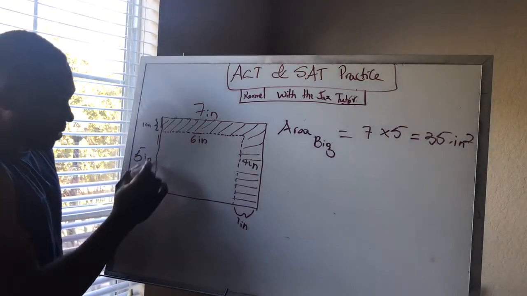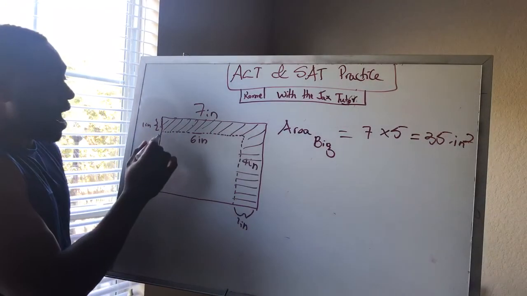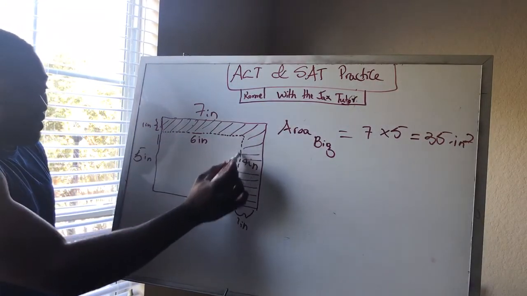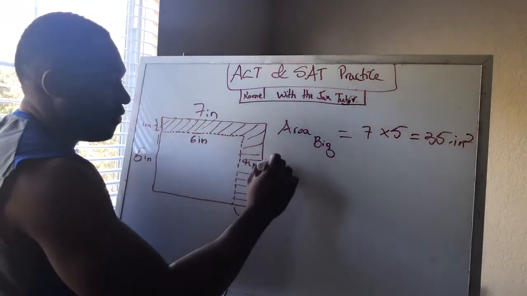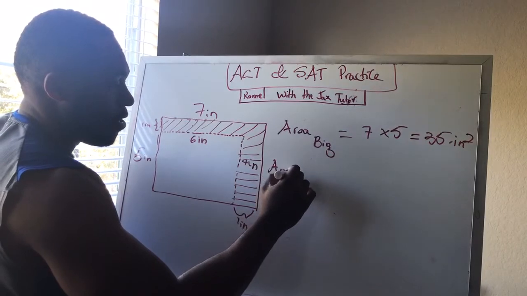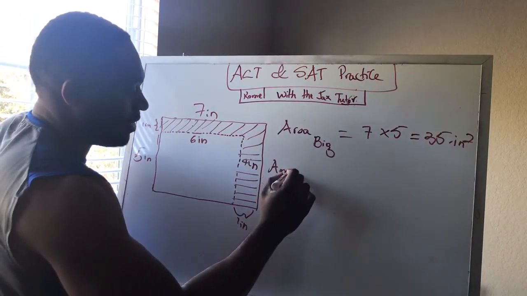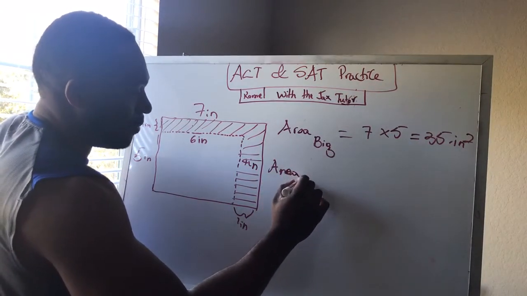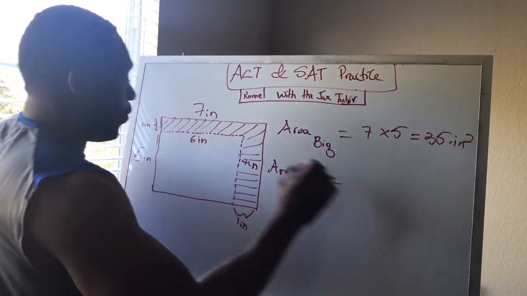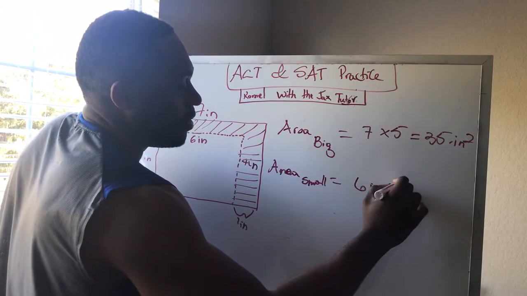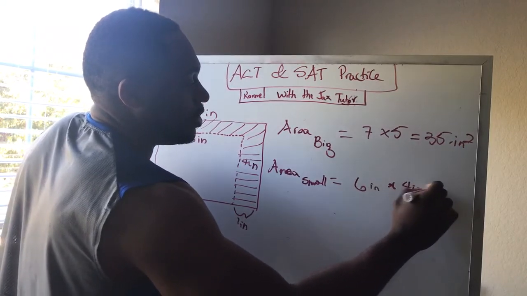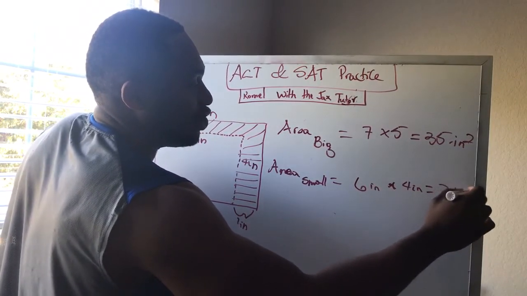That's the area of this big rectangle right here. Now, what is the area of the white part? The area of the small rectangle is what? 6 inches times 4 inches, which is 24 inches squared.